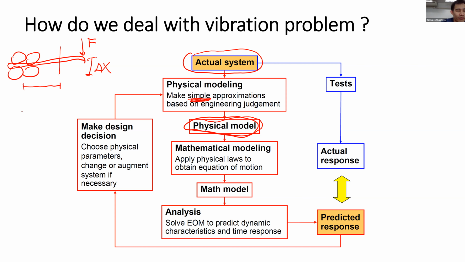I need to assume the roller and the beam form a cantilever beam with ideal cantilever support. The beam needs to be a cantilever beam, and at the support position, it needs to be an ideal cantilever support. But of course, in the real system, I will show you a picture that at this point, it's not the ideal cantilever.